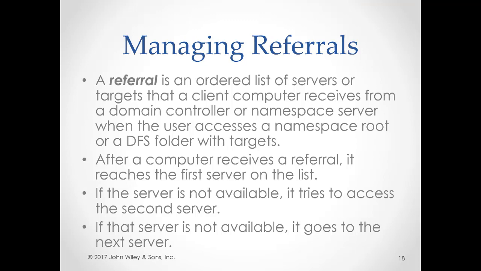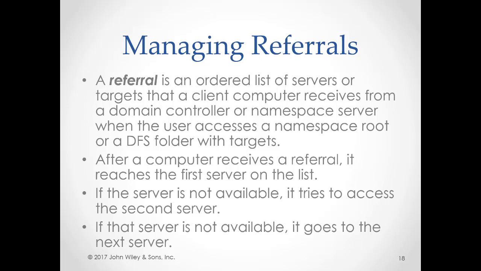So when you, the user, attempt to access one of these namespaces, how does your system figure out which server and which folder to connect to? It's done through what's called a referral. It's an ordered list of servers or targets that a client computer receives from a domain controller.